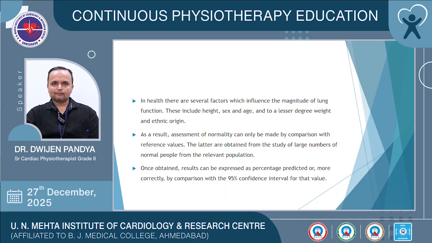As a result, assessment of normality can only be made by comparison with the reference values, and the reference values are obtained from study of large numbers of normal people from the relevant population. Hence, for example, if an Asian female is to be assessed for a pulmonary function test, her results will be compared accordingly with the normal range for that particular race.